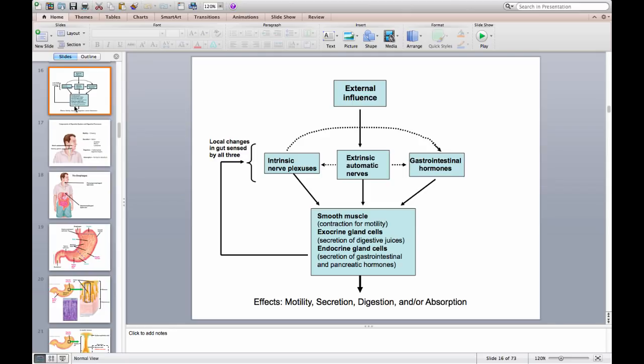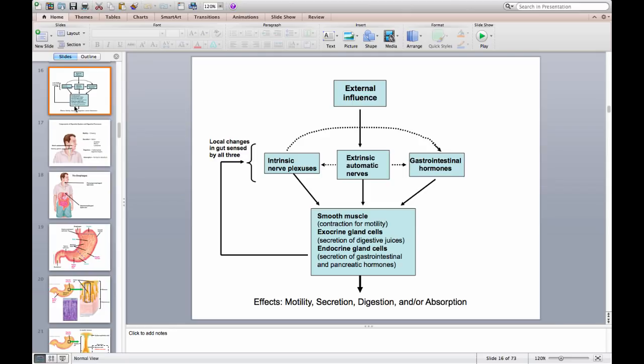And then on top of those short loops, we've got a long loop that involves the brain. Okay? And this long loop that involves the brain is not as important as the short loops. But this long loop can manipulate anything. Okay? So the long loop of the brain has its own arm directly into the GI tract. Through what nerve? The vagus nerve. Okay?